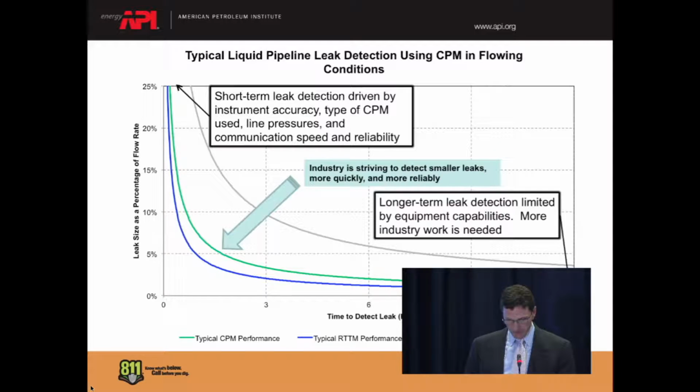The last thing I'll mention on this slide is that when it comes to CPM systems, there's sometimes a misconception about whether CPM systems work. We see statistics or we see data that says, only 20% of the time a control center recognizes a leak.